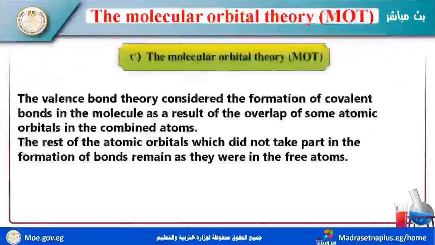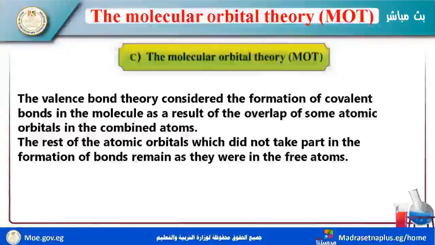Now, we have another theory, molecular orbital theory, MOT. Valence bond theory considers the formation of covalent bonds in molecules as a result of the overlap of some atomic orbitals of the combined atoms.